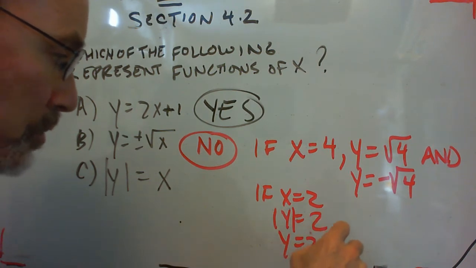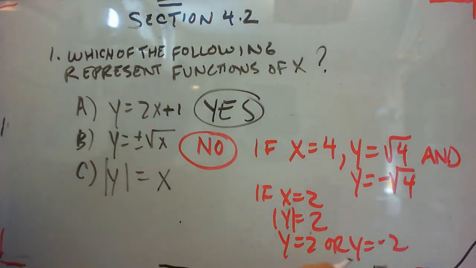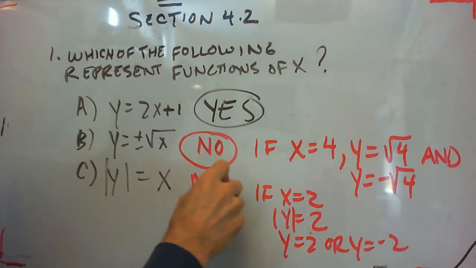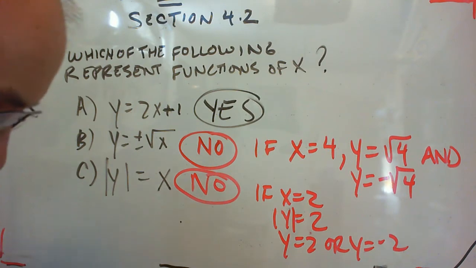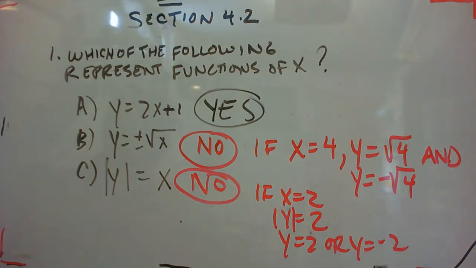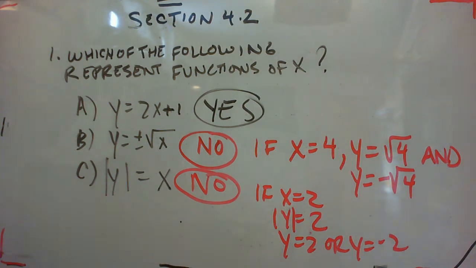So y is 2 or y is negative 2. 2 values of y for each x, so that is also a no. And in the homework, I gave you some solution points, and they pretty much show you the same thing as I showed you here with these points that I chose.